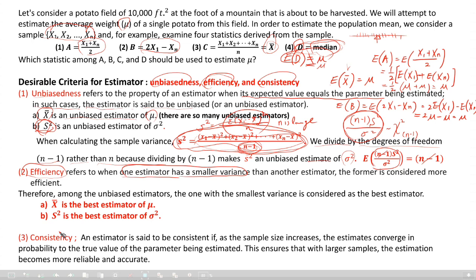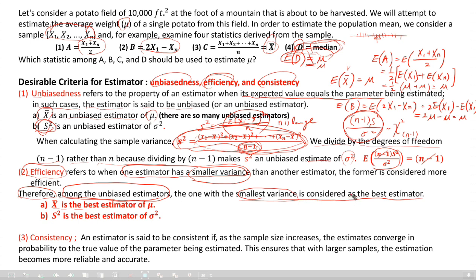So we want to find the smallest variance. Among unbiased estimators, the one with the smallest variance is considered the best estimator, right? It is reasonable. So it is a minimum variance unbiased estimator, we say.